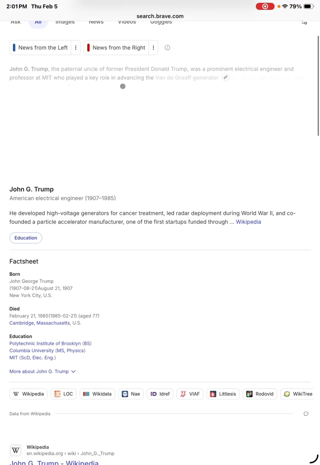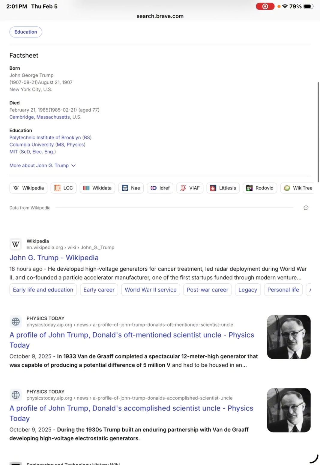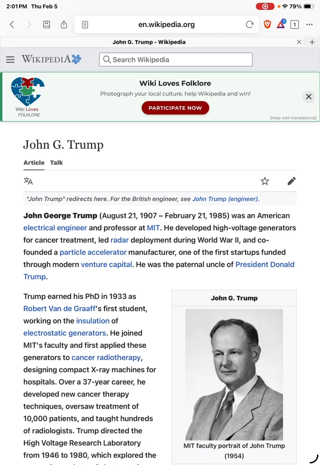So yeah, there he is, John Trump. John Trump was an American electrical engineer and professor at MIT. He developed high voltage generators for cancer treatment, led radar deployment during World War II, and co-founded a particle accelerator manufacturer, one of the first startups funded through modern venture capital.